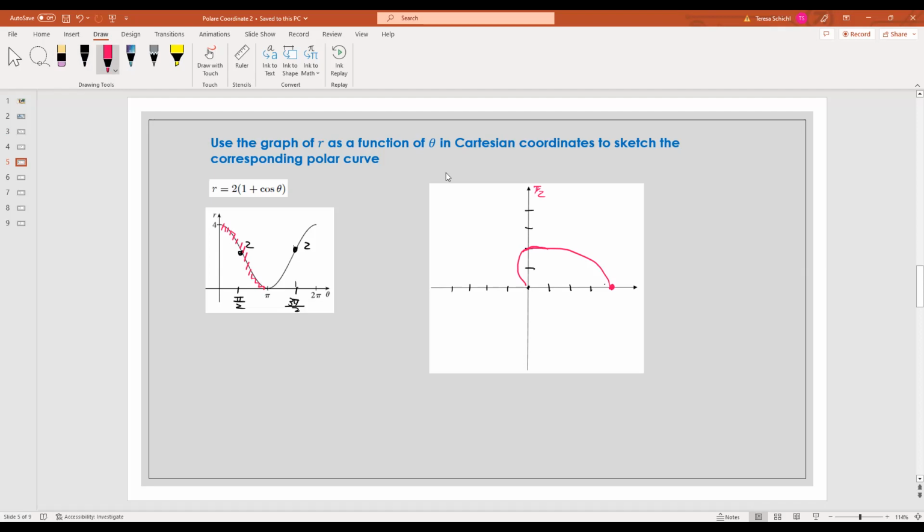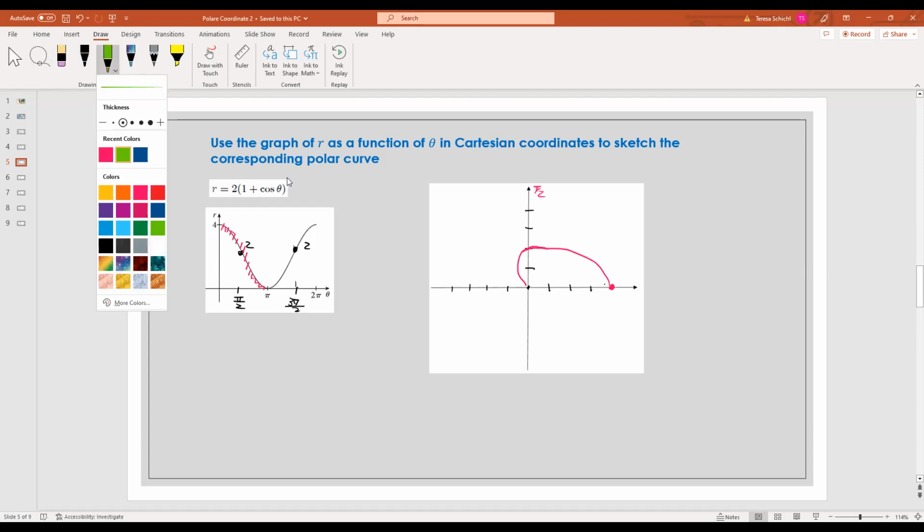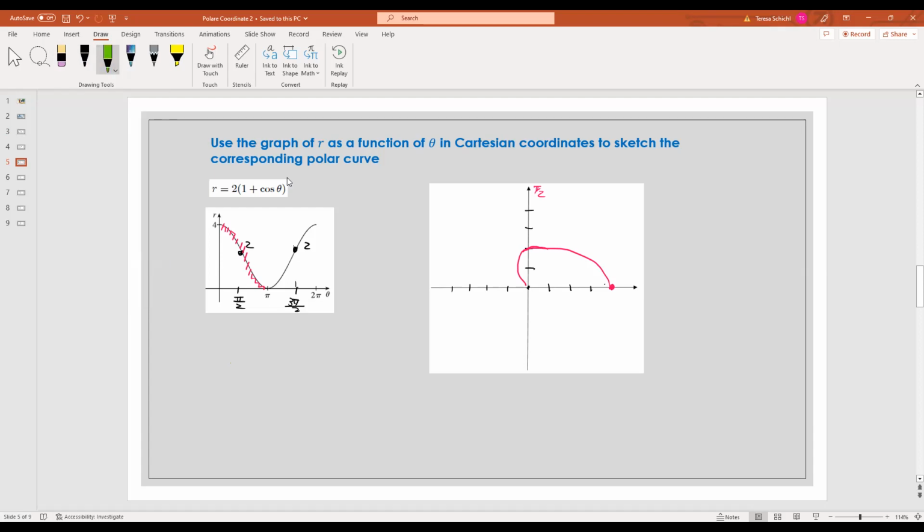Now the next one is after pi. After pi it starts very small, then when it reaches 3 pi over 2, it's going to be 2 again. So it starts with 0, then continues increasing.